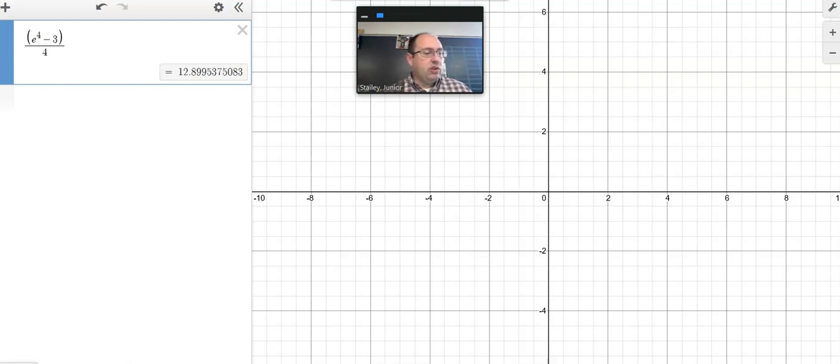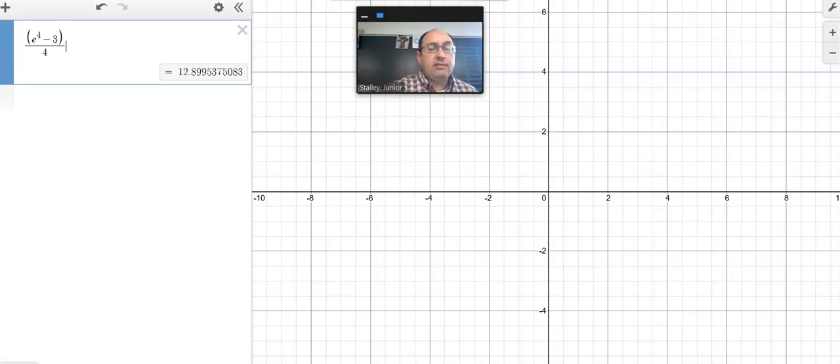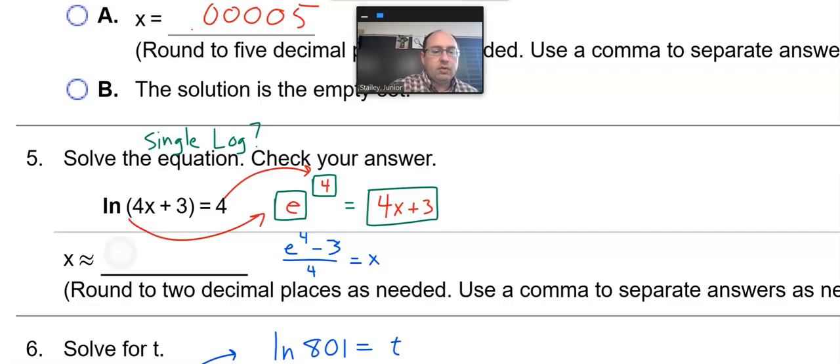That would be if you use alpha y equals. If you use alpha y equals, you can get that vertical fraction. Otherwise, you just need to use parentheses, kind of like what I did, to get your answer. 12 point, and what did they want it rounded to? 2 decimal places, 12.90. Okay, 12.90.